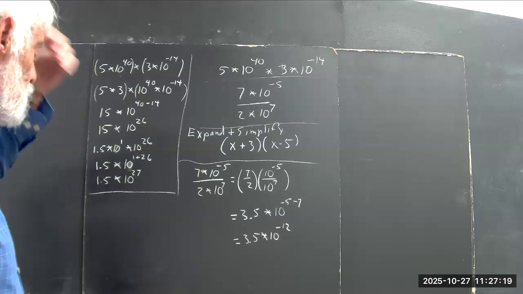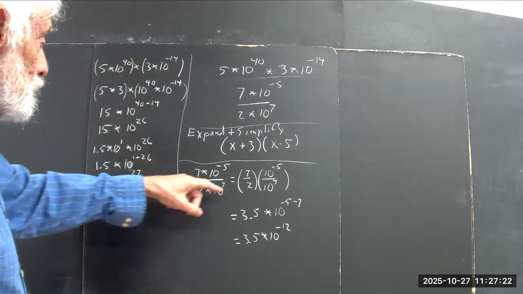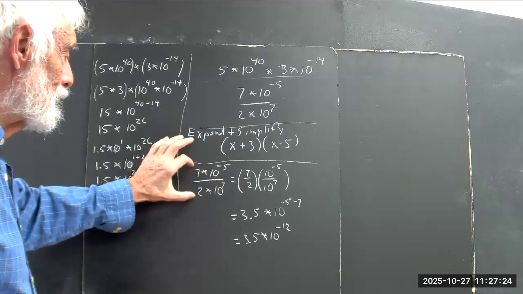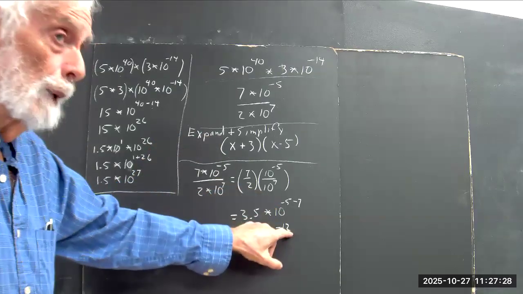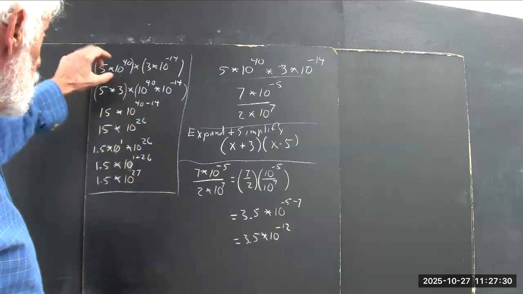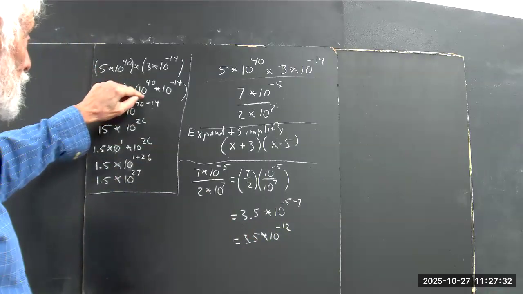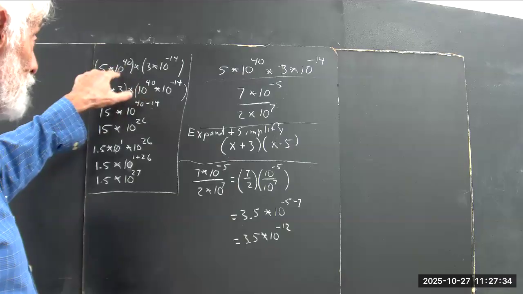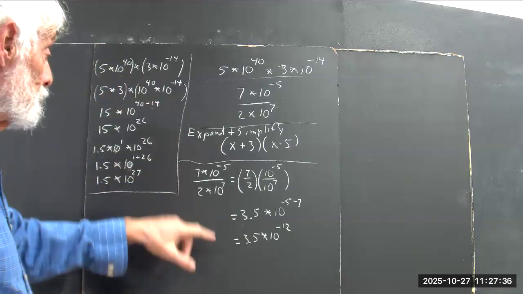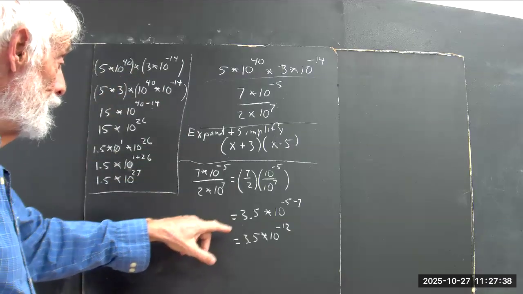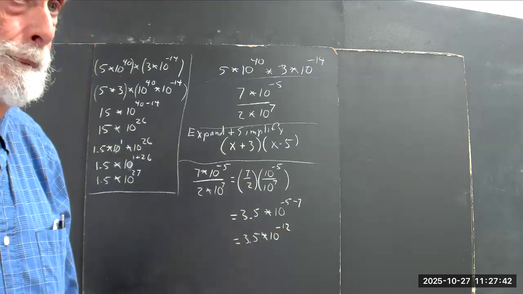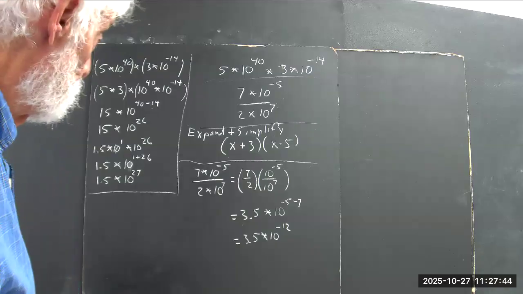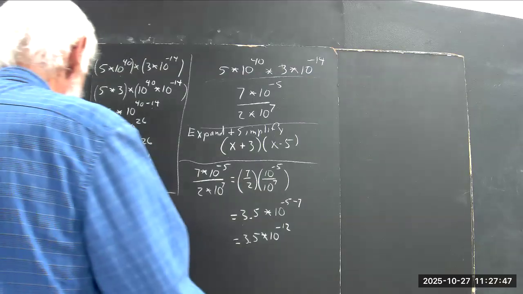But similar to this problem, I just had to rearrange the numbers out in front and the powers of 10 so that I could operate on them. Over here, I arranged them so I had them multiplied because that's the way it is in this problem. And down here, I rearranged it so they were divided. Okay? All right.